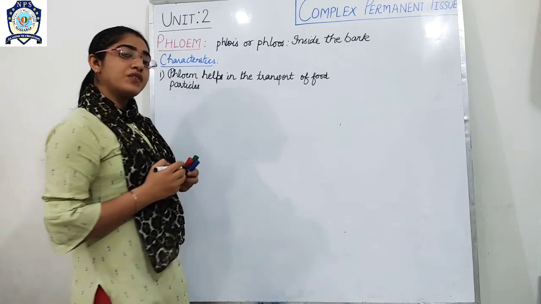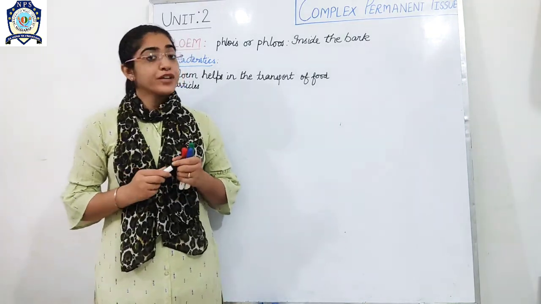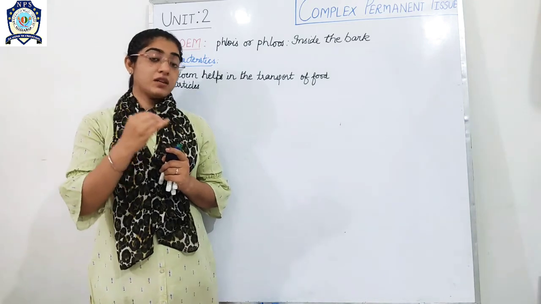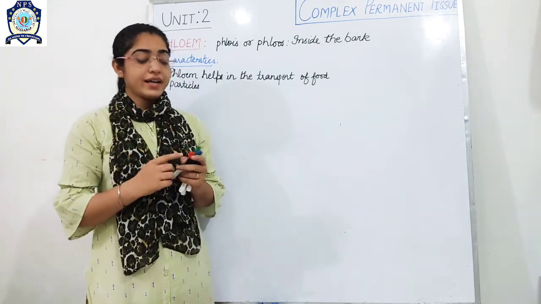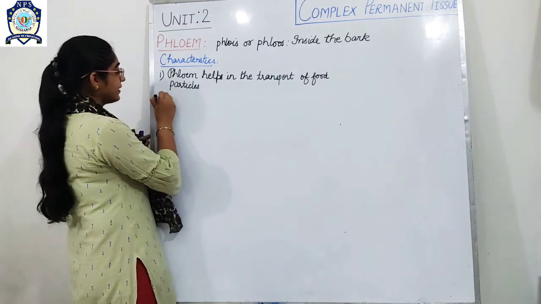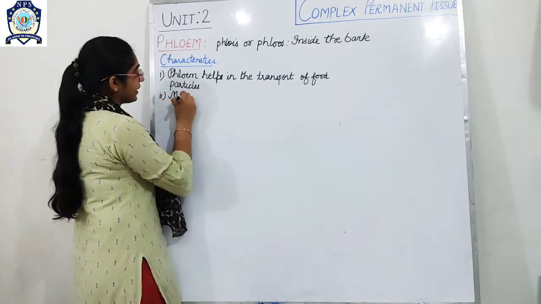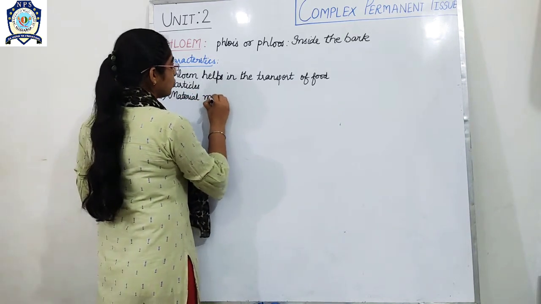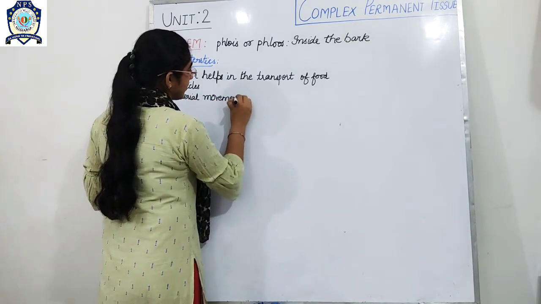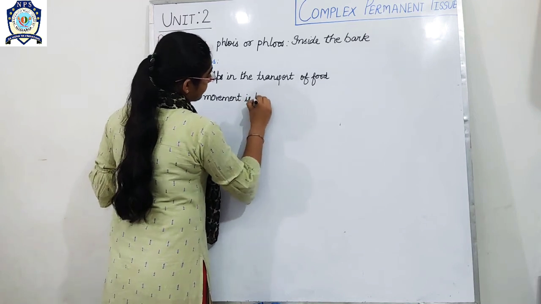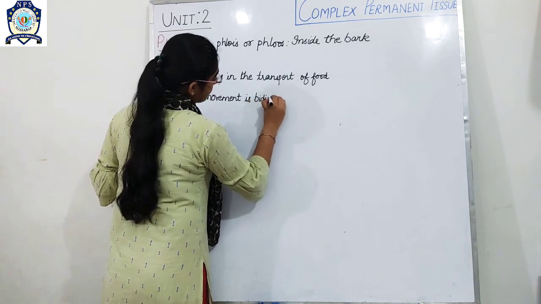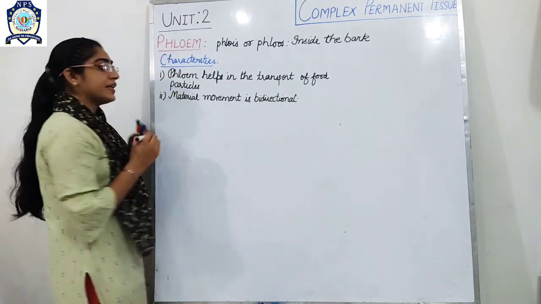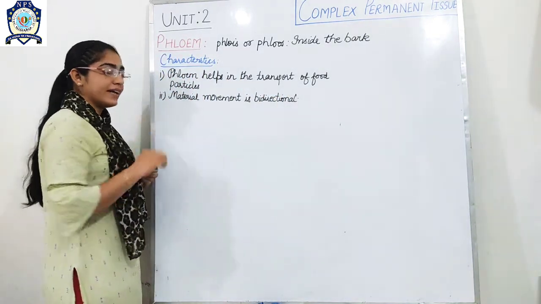Okay, and also we have discussed that movement of water and mineral by the xylem is unidirectional, means it occurs in one direction, while here material movement is bidirectional.